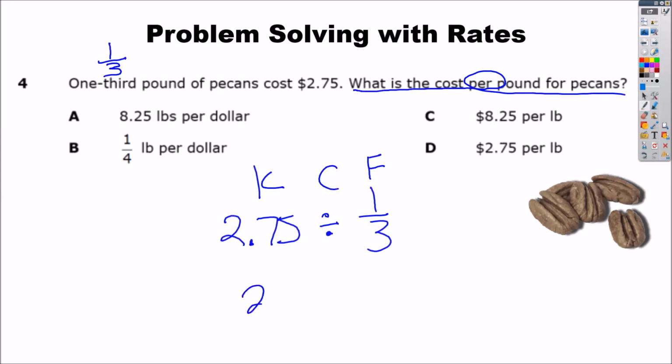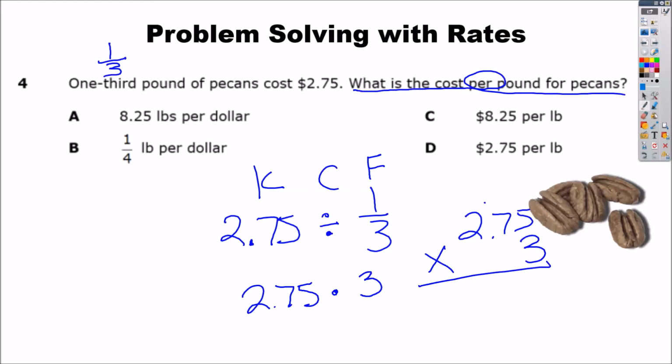So I'm going to keep 2.75 and really multiply it by 3. Because if I flip that, I'm going to get the reciprocal of 3. So now you can do 2.75 times 3. 15, 22, 8. $8.25 for 1 pound of pecans.